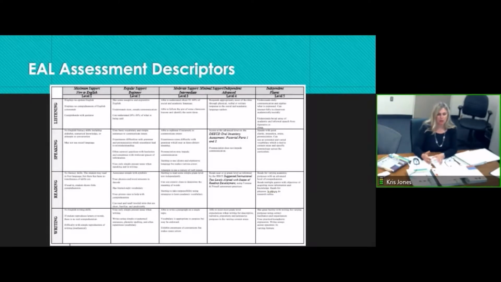This is where we need to know and ensure that our student is moving forward. So once we've compiled all the information, as you gather all this evidence, you're making a judgment as to where that student is in their listening, speaking, reading and writing, and therefore communicating that to the classroom teacher.